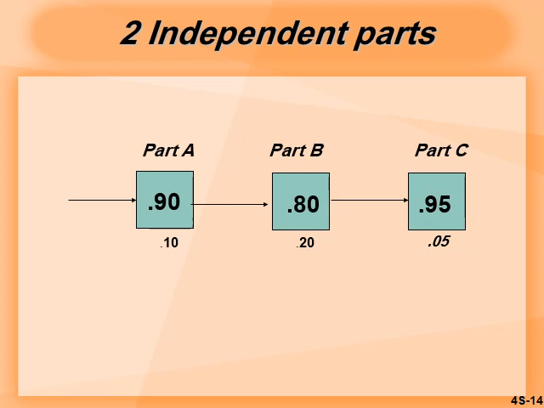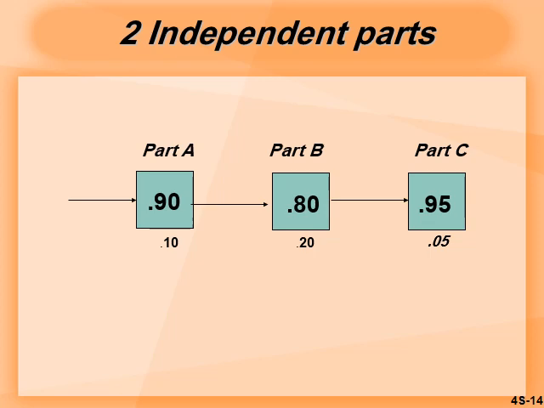Then, after that, we calculate the complementary probability, the success. Out of the box of A, we write 0.1. For B, 0.2, for C, 0.05. Then we calculate the complementary probability. Since the failure is 0.10, the success will be 0.90.